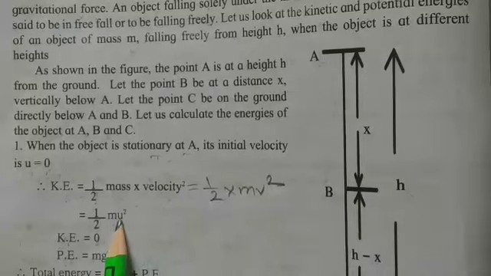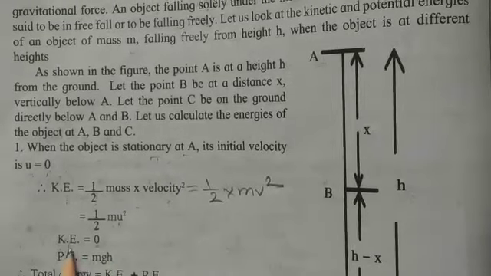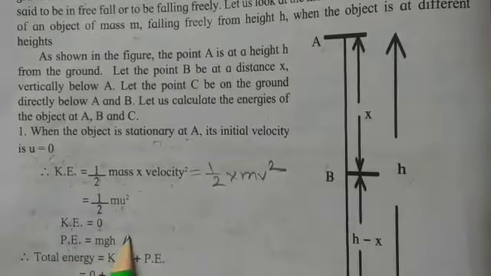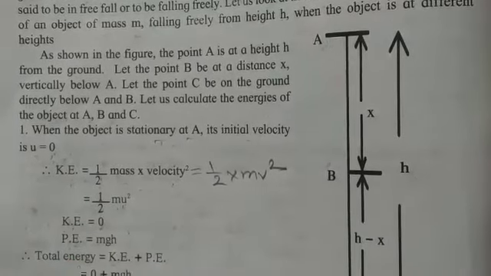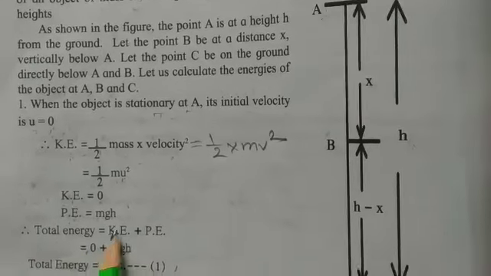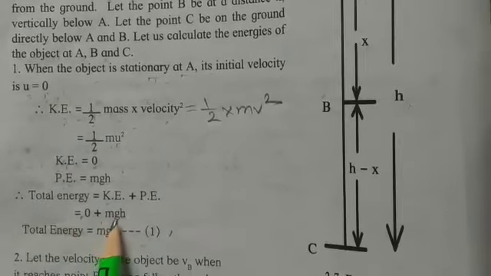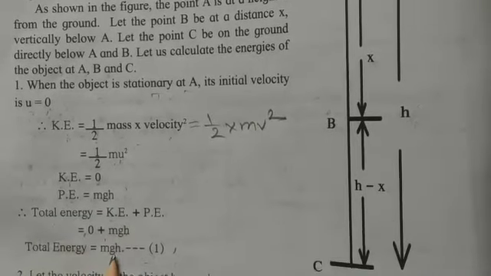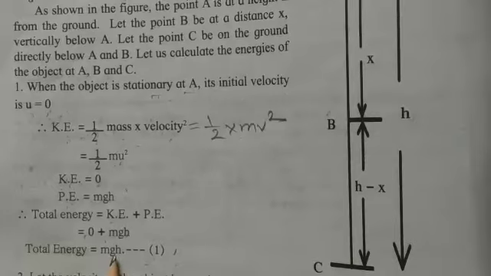That's why u is taken here. Firstly, the kinetic energy is equal to 0 and potential energy is equal to mgh. Therefore, the total energy is equal to kinetic energy plus potential energy. Now here kinetic energy is 0 and potential energy is mgh. Therefore, the total energy is equal to mgh.